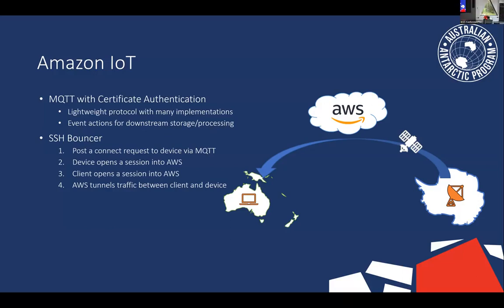One of the most useful things that we're using it for is that it's got an SSH bouncer built into it that's really cheap. The satellite provider that we're using costs quite a lot to have the end device not be behind a NAT, network address translation.